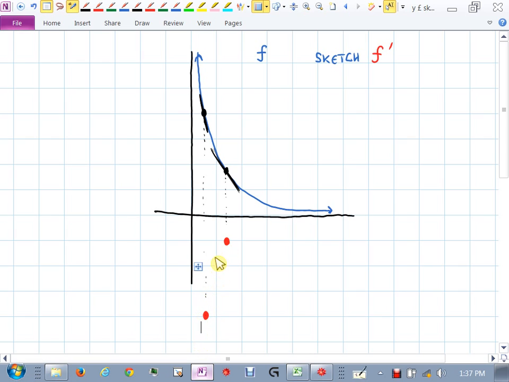I can't draw it on here, but now pick a point over here. Let's try something on this side. Is my slope still negative? Yes, but it's actually a smaller negative number, isn't it? It's not as steep as this one. That one was -1. This one is not quite that steep.